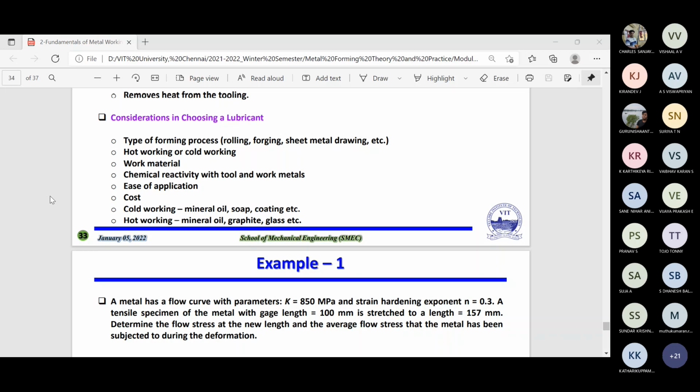Okay, and determine the flow stress. And what is the average flow stress? Because this is two questions: determine the flow stress at the new length and the average flow stress. Two things it is asking. I haven't done that, sir.